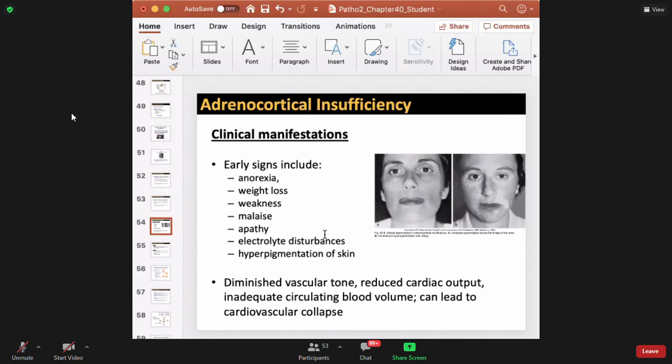The melanocyte stimulating hormone is increased because of the ACTH having the same precursor, so the hyperpigmentation. They've got electrolyte disturbances, weight loss, weakness, right? They don't want to eat, their blood volume is low, their cardiac output is low. They can go into what's called a cardiovascular collapse.